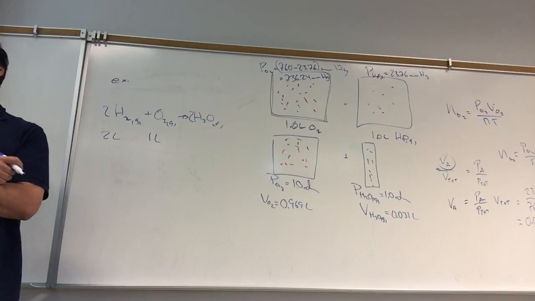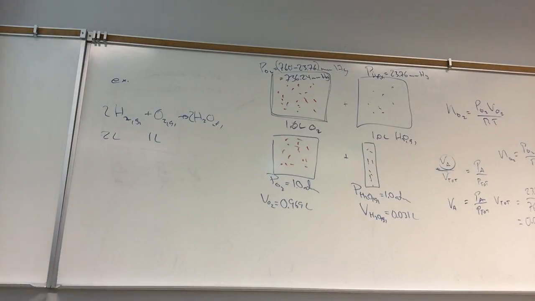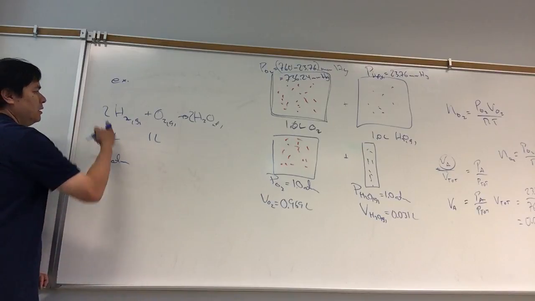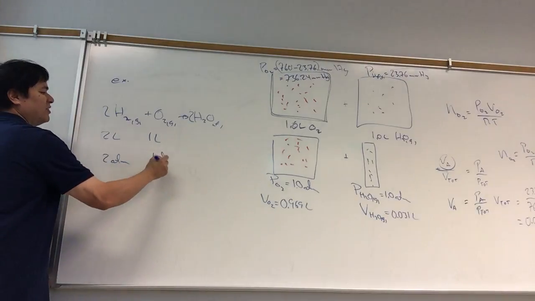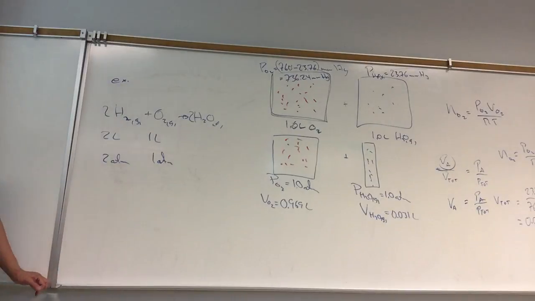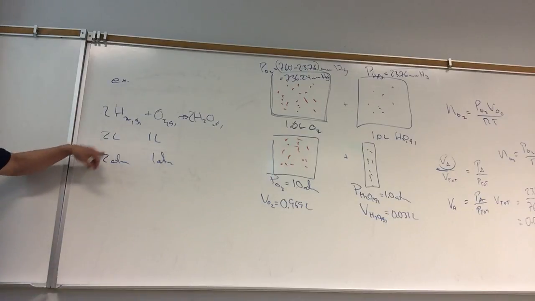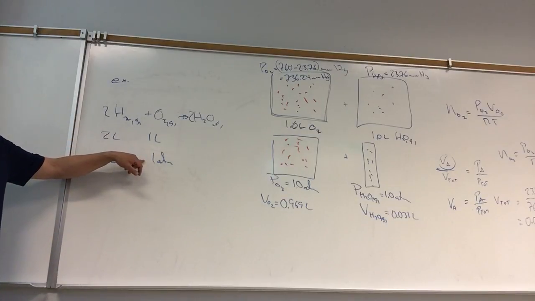Does that make sense? The other way of thinking about this is the mole fraction is the same as the pressure fraction and the volume fraction. So the other way I could visualize this is if I took a 1 liter container and put in 2 atmospheres of hydrogen and 1 atmosphere of oxygen, that would do the same thing, right?